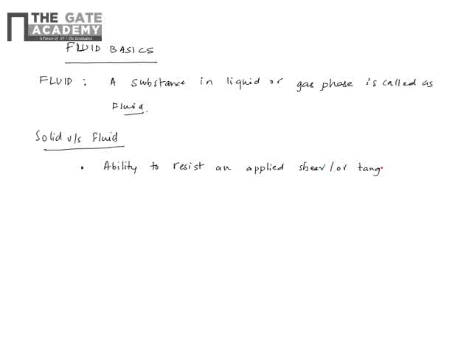So that tends to change the shape. So the main difference lies in the fact that when you apply a shear stress or a tangential stress, then how does a solid behave and how does a fluid behave?